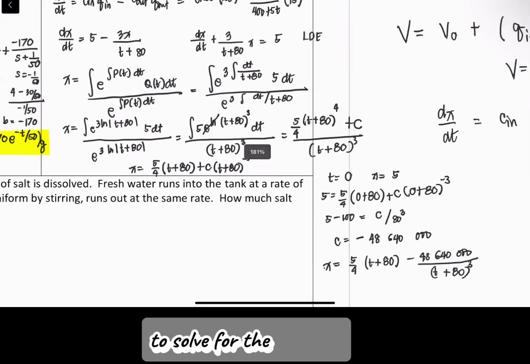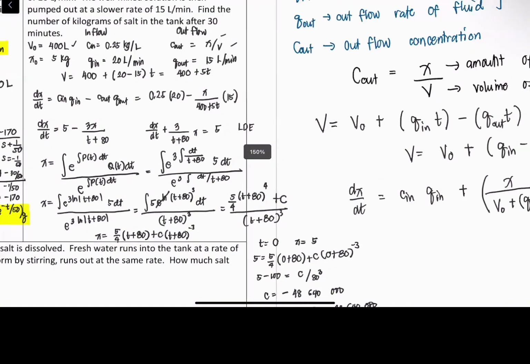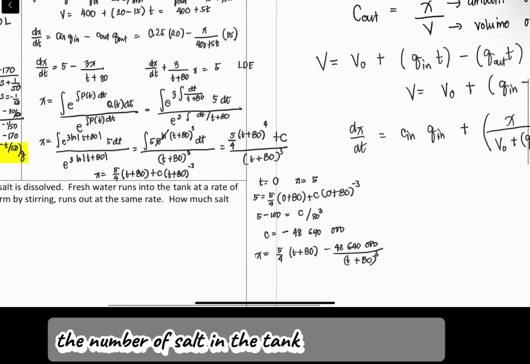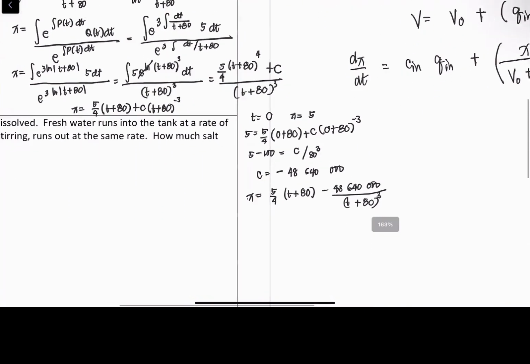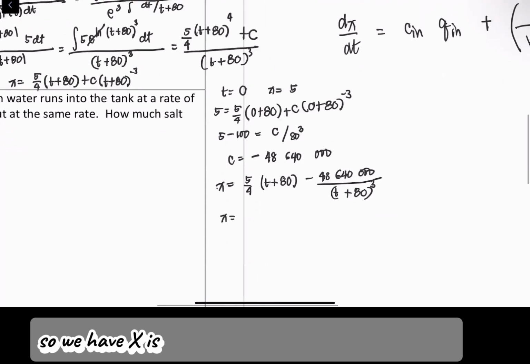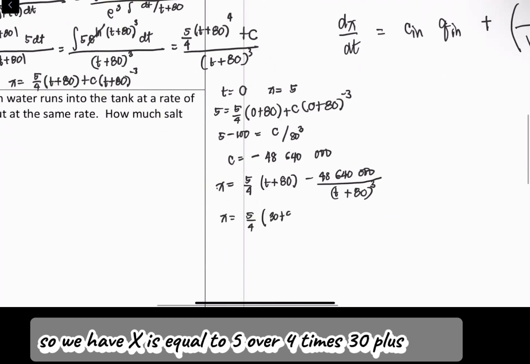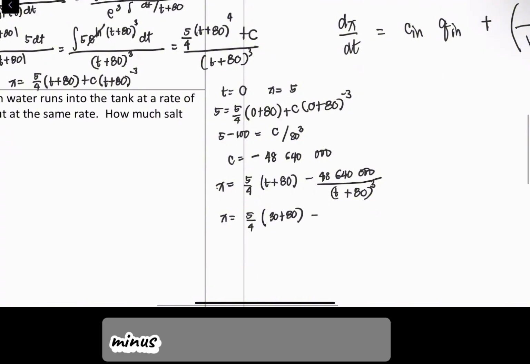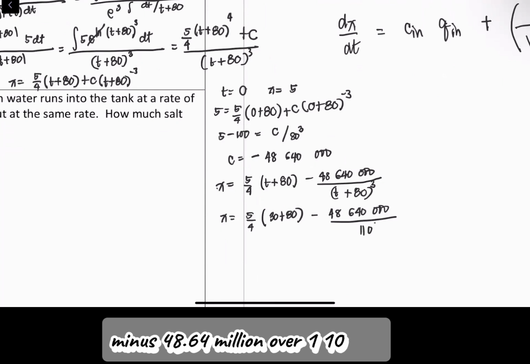To solve for the unknown, the amount of salt in the tank after 30 minutes, we have x is equal to 5 over 4 times (30 + 80) minus 48,640,000 over 110 cubed.